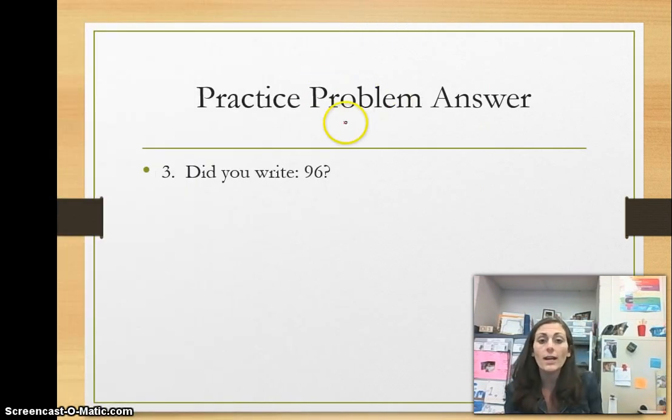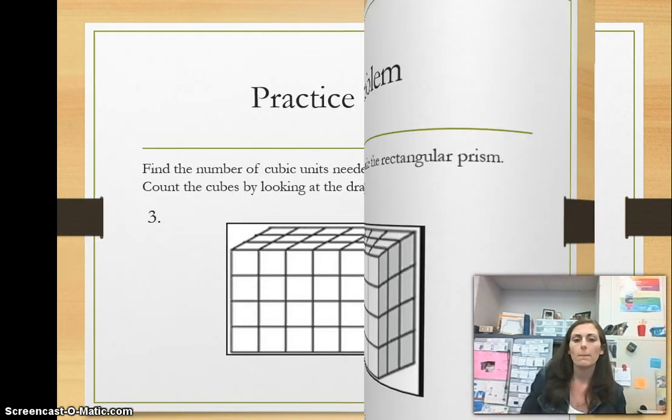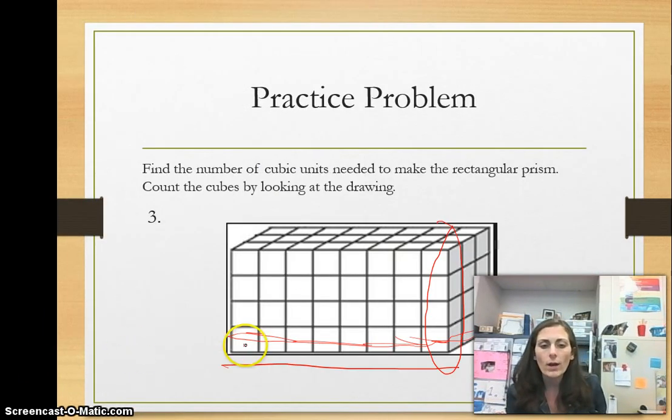So if you wrote 96 cubic units, you are correct. Now let's go back and look at it. So our bottom row had 1, 2, 3, 4, 5, 6, 7, 8. So we have 8 cubes by 3 cubes. So our area then is 24 square units.